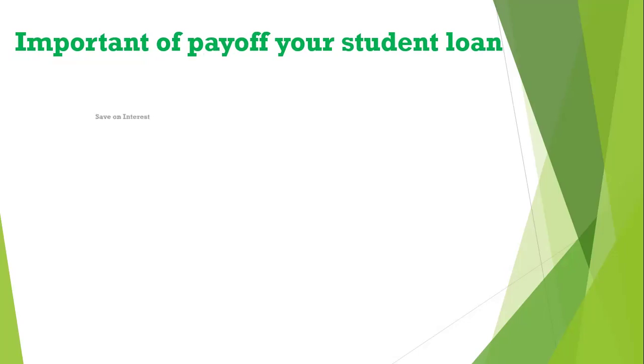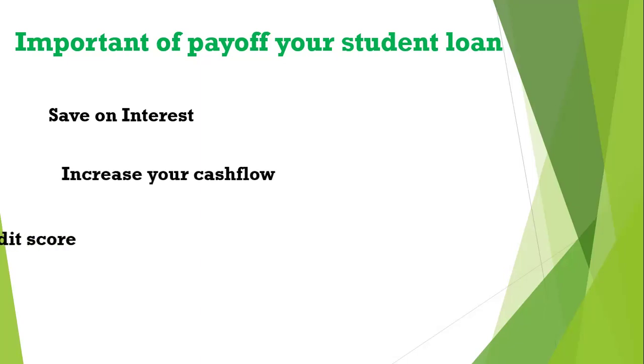The importance of paying off your student loan is that it saves you on interest, and it also increases your cash flow. Let's say, for example, you're paying 500 a month. If you get rid of your student loan, that 500 will be your money that you can use to invest.